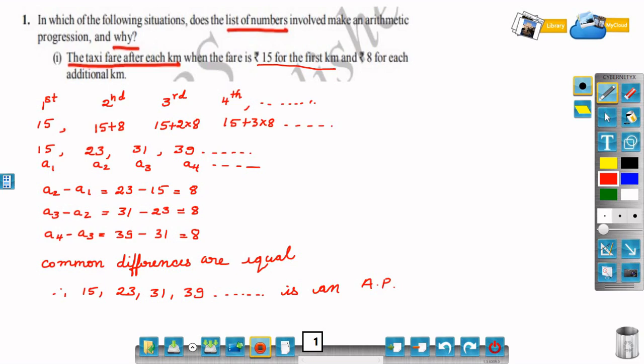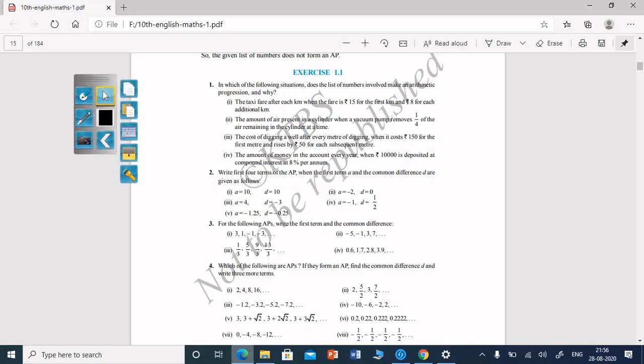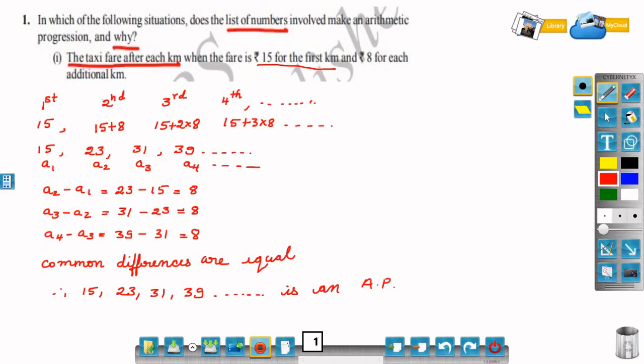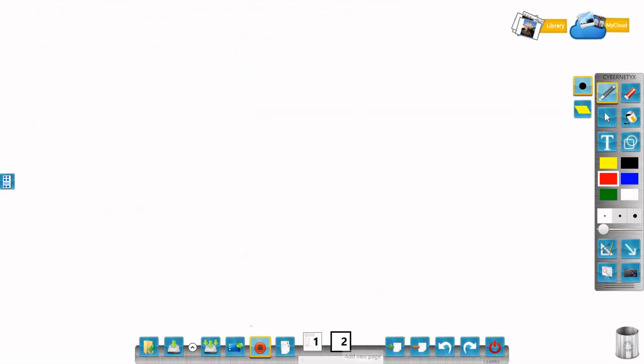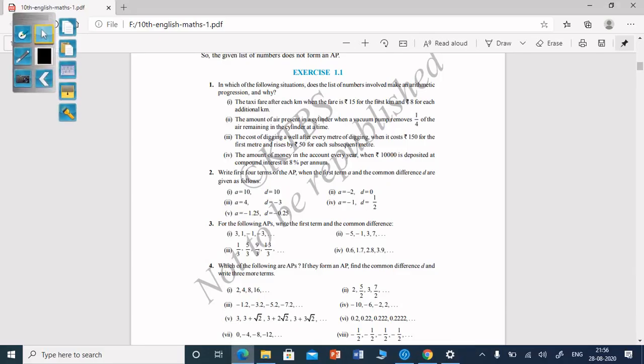Now see this second question. The second question is the amount of air present in a cylinder. You have to write the list of numbers.